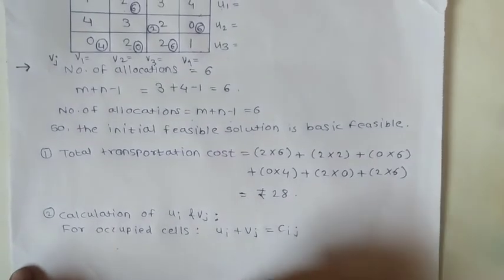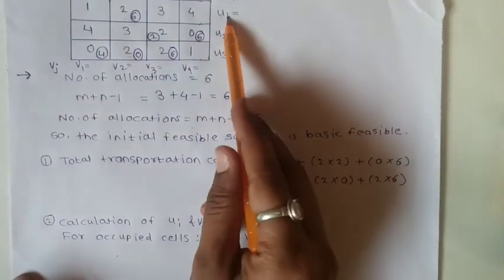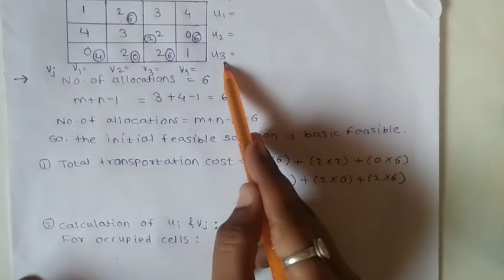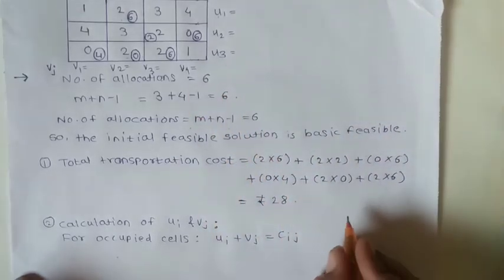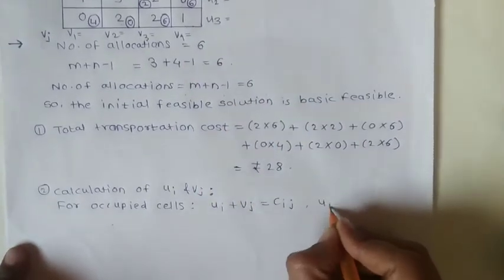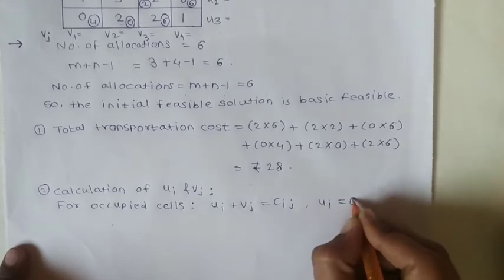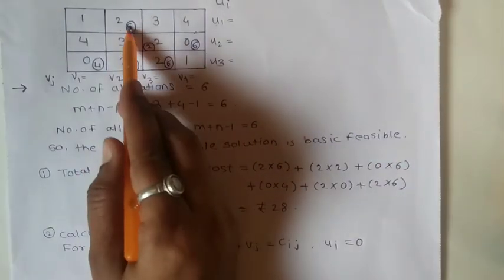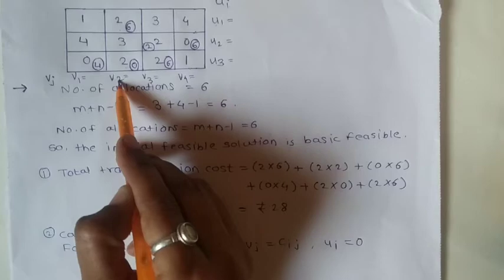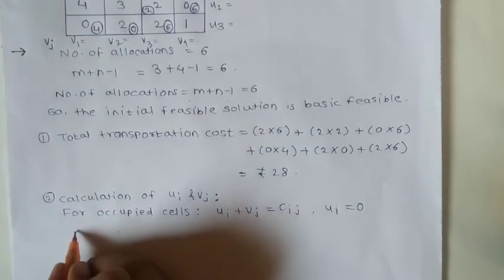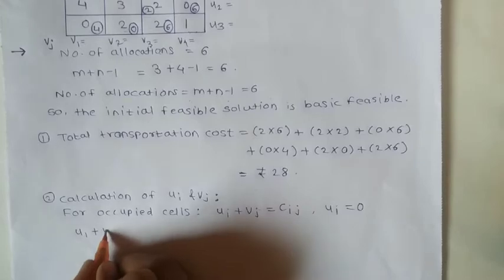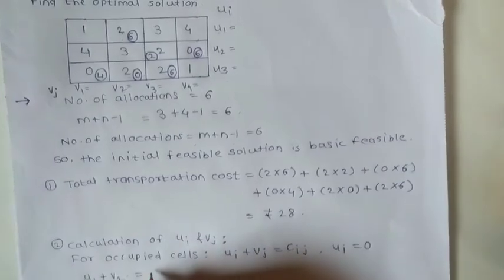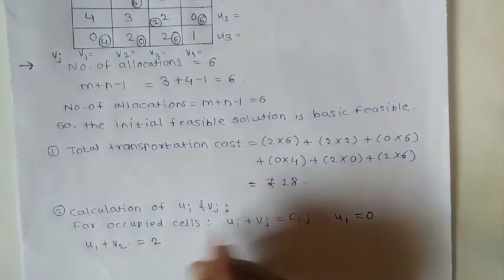So first we consider any Ui equals 0, that is, from U1, U2, U3 we take any one as 0. So here I take U1 equals 0. The first allocated cell is U1 plus V2, and here Cij is 2.